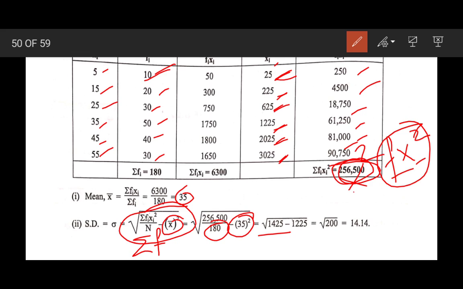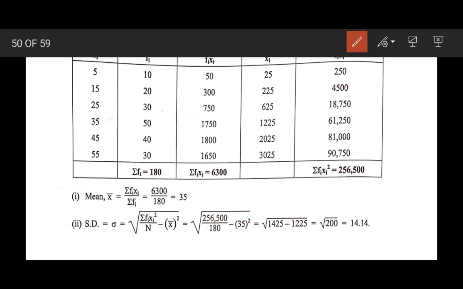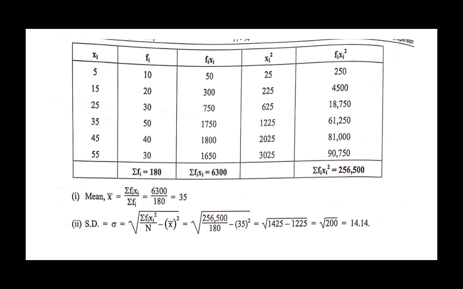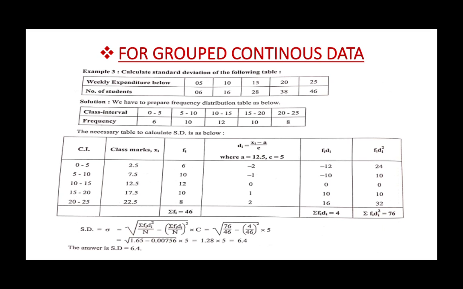So that is equal to root of 1425 minus 1225. So that is root of 200, which means 14.14. So this is the method of finding standard deviation for grouped discrete data.